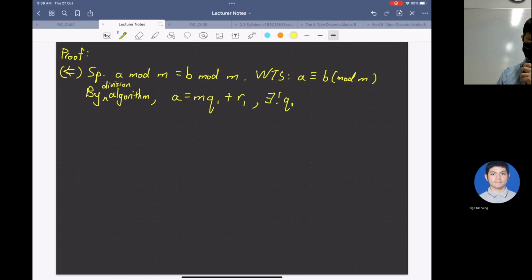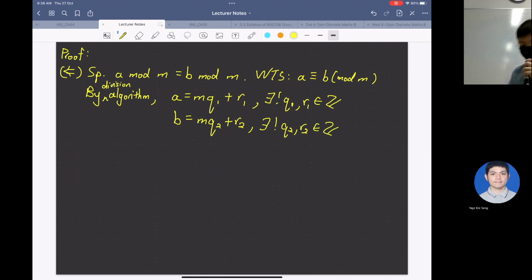Similarly, we can do this for B. You can divide B by M, and there's a unique quotient and remainder such that B equals M q2 plus r2.